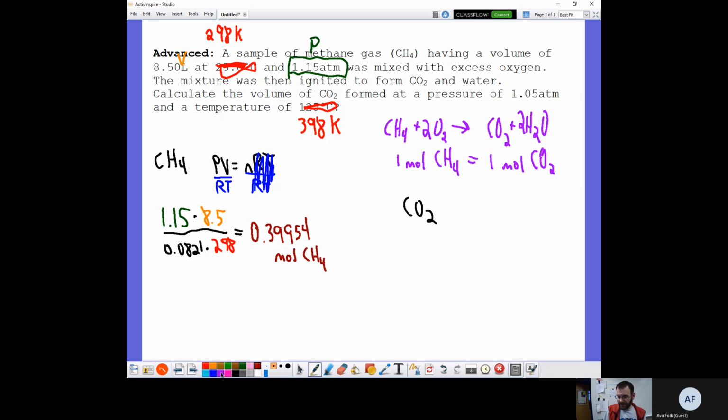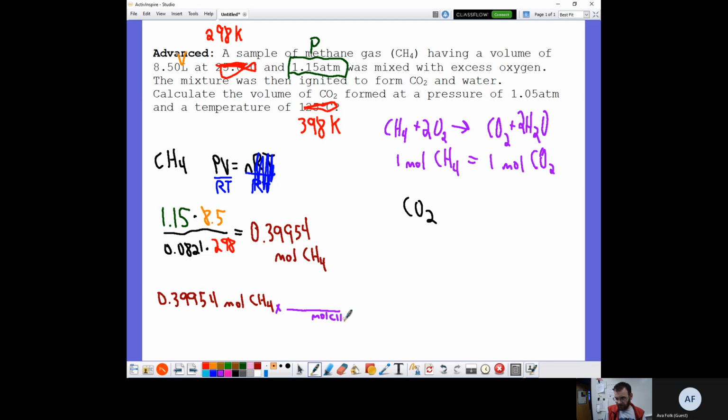Now what I can do is use this to get to my CO2 so that eventually I can get to my volume. So I'm going to need to do a little mole equation, a little bit of stoich, just to figure out how many moles of the carbon dioxide I have. So I'm just going to take my moles of methane and convert it to moles of CO2.